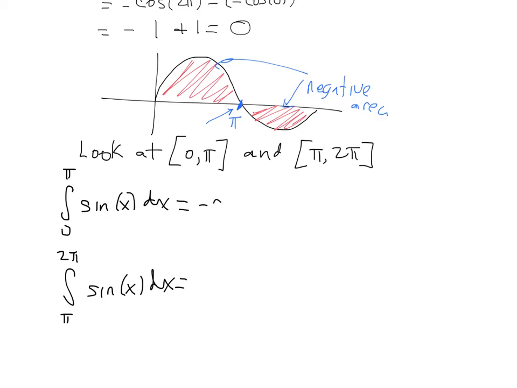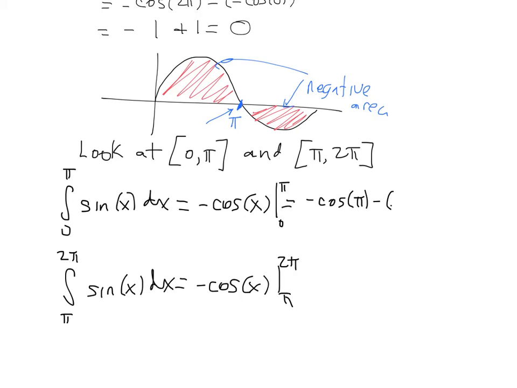Both of these, of course, the antiderivatives will be negative cosine. This is from 0 to pi. This is from pi to 2 pi. And so now when I plug these values in, negative cosine of pi minus negative cosine of 0 gives me 1 plus 1, which is 2.